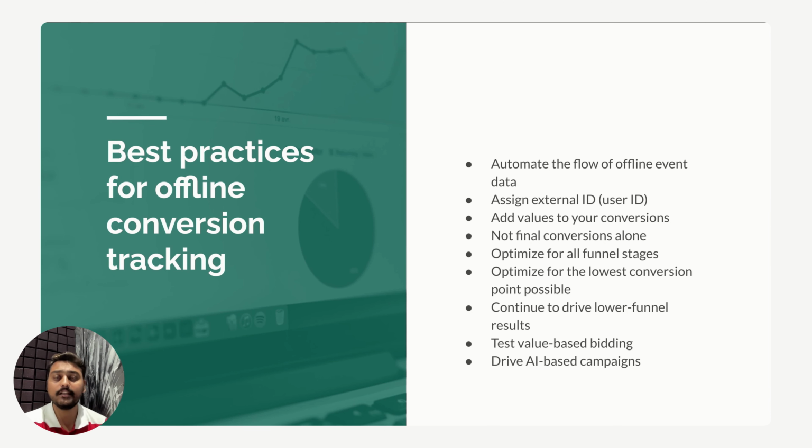For all of these ad algorithms to drive better and learn better, you can utilize offline conversion tracking to drive these AI based campaigns, because without offline conversion tracking, AI will not know which user it should optimize for. AI needs data, so you give the right first party data of your customer by using offline conversion tracking, and therefore drive better results for your campaigns.